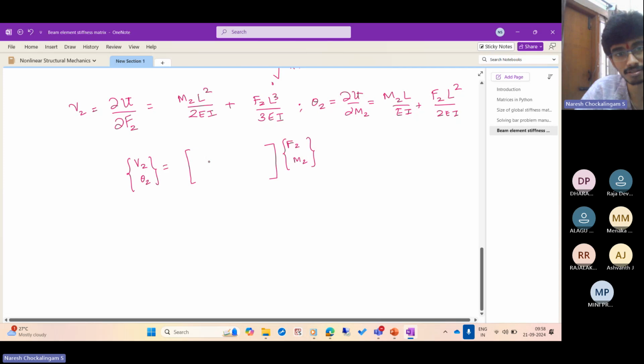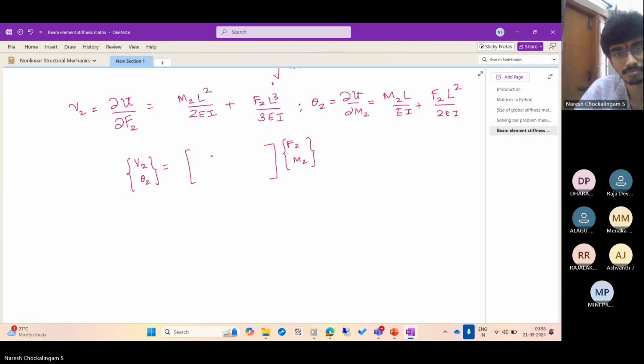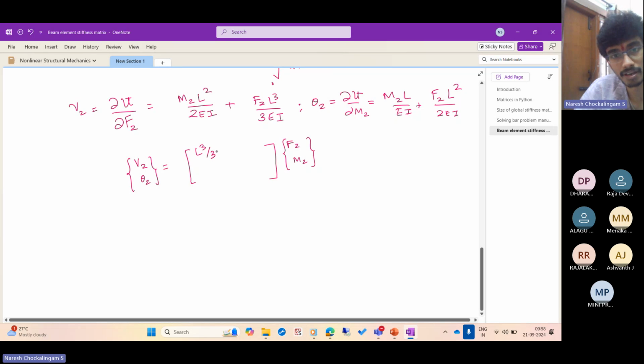What relates F2 and V2? L cube by 3 EI, sir. Okay. M2 and V2? L square by 2 EI. Theta 2 and F2? L square by 2 EI. Okay. And L by EI.